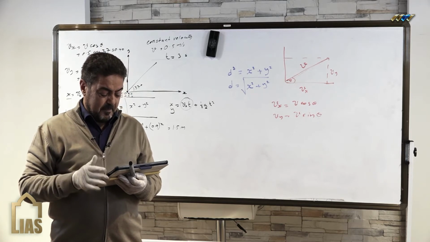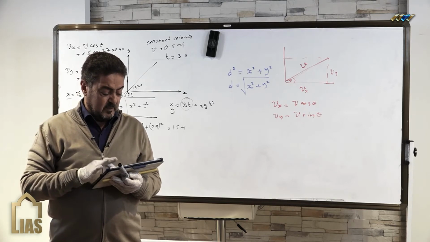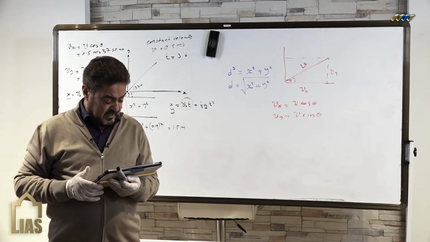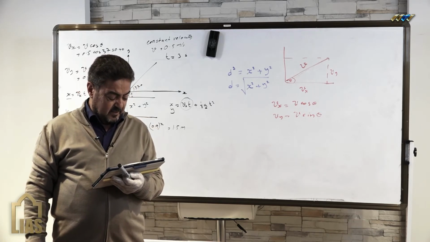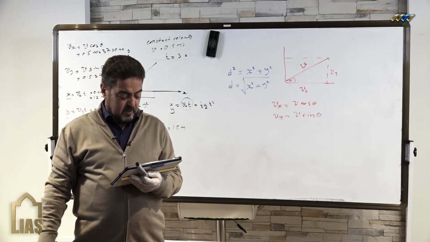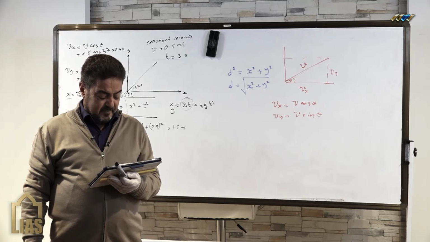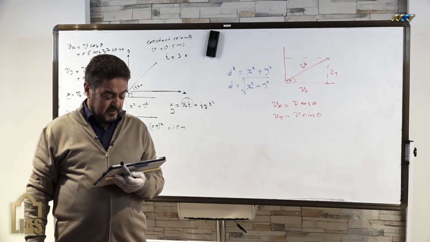A curving path vector component, which is example 3.2, gives you Vx0 is equal to Vx is equal to 1.5 meter per second, and Vy0 is 0.